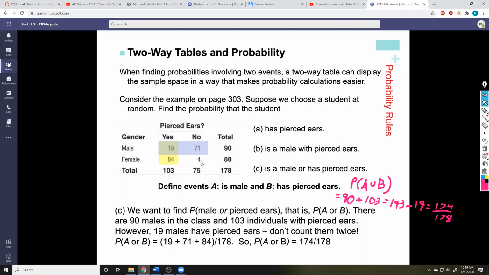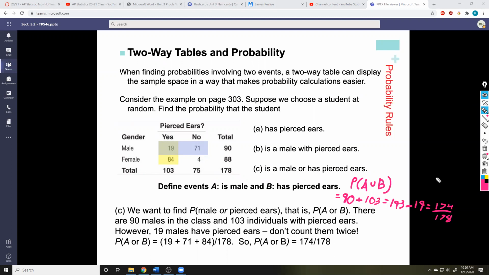These are the only ones that aren't male and also don't have pierced ears. So take those 4 away and you're left with the other 174. So that's another tricky part of these probability problems is that there are a few different ways to look at it and a few different ways to explain it.